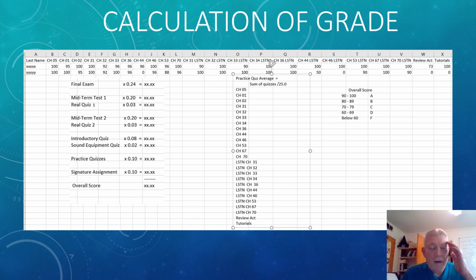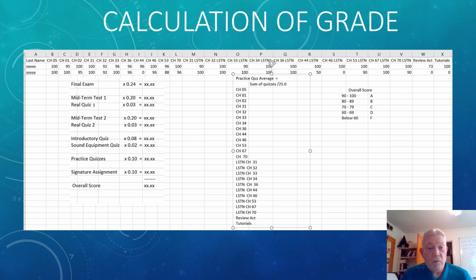And on the left-hand side, those numbers are obviously related to the previous slide where I gave it in terms of percentages how the overall score is calculated. Here, I've changed the percentages into decimals, like the final exam is 24% of the grade. So we multiply the final exam score by 0.24.